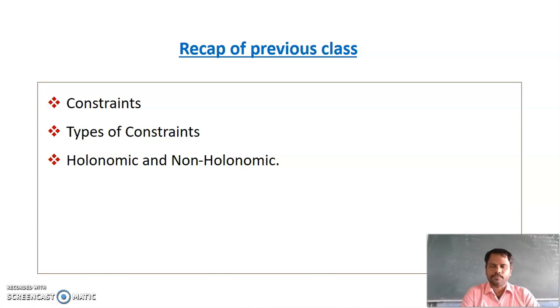Constraint. The limitation or restriction imposed on the motion of a body is called a constraint, and it is known as constraint motion. Based on the constraint motion equation, we classify them into holonomic and non-holonomic constraints.